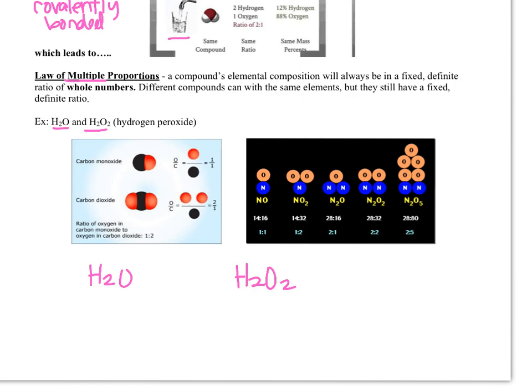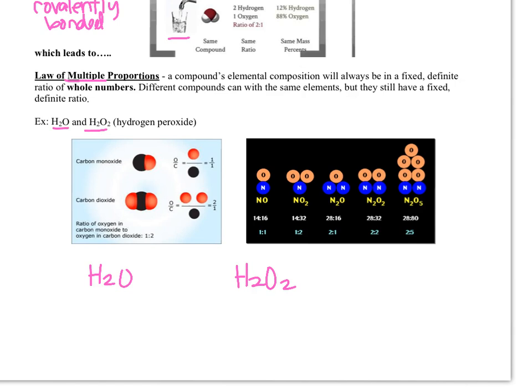Okay, so the key here with the law of multiple proportions is both of these have the same elements. That's what they mean by multiple, okay? So there can be multiple proportional ratios between two elements, but those proportions are going to vary depending on the compound, all right?